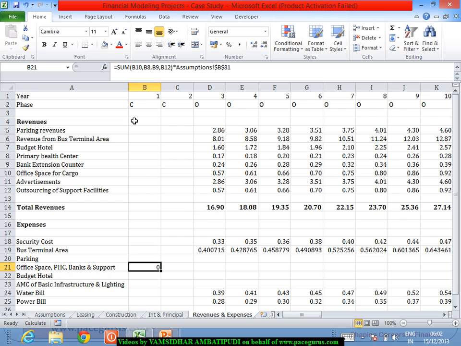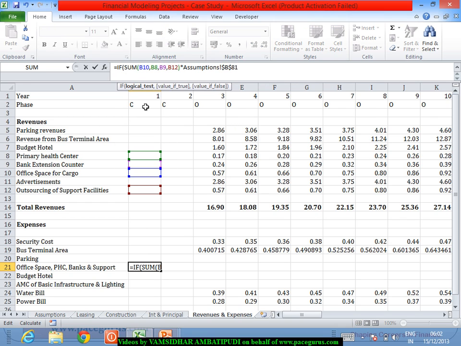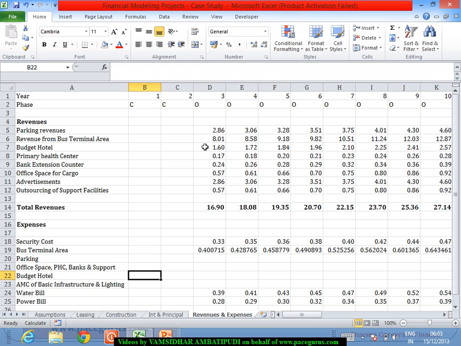So here also I can put the same logic. Only if the period is operations, I will consider that. Otherwise, I'll replace this with a blank.